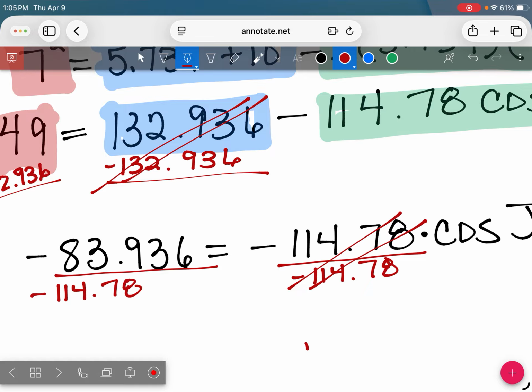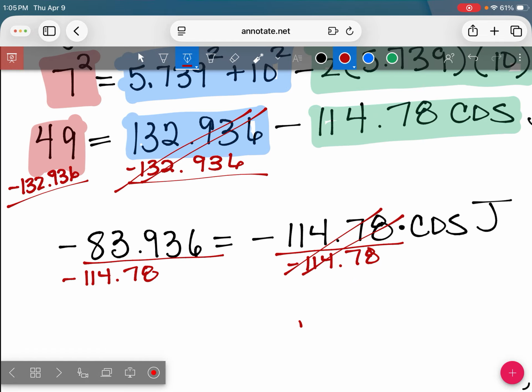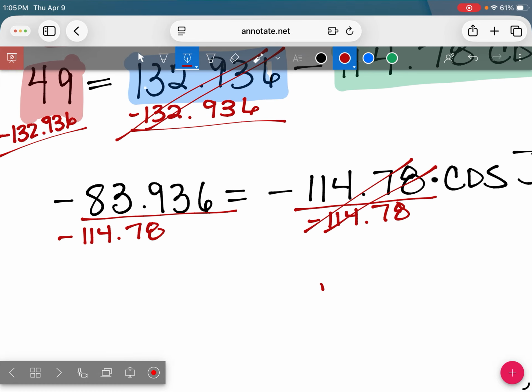This is going to cancel out. So I'm going to have this equals cosine J. So in order to find J, what do you have to do? If you're trying to find an angle, you have to take the inverse. So you're going to take the inverse cosine of that fraction.